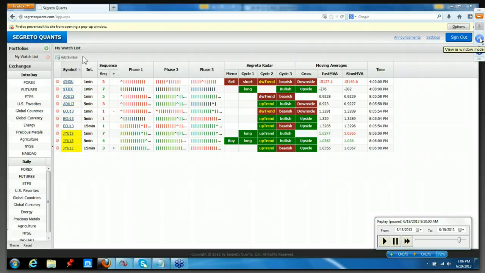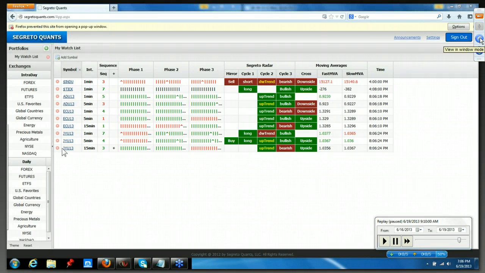I need to move some stuff around here. Bear with me. If you look over here on the left-hand side, you have a section called My Watch List. What you see in front of you right now is my watch list, literally. We have the Dow Jones, the DJI. We have the dollar tick, which is pretty cool.